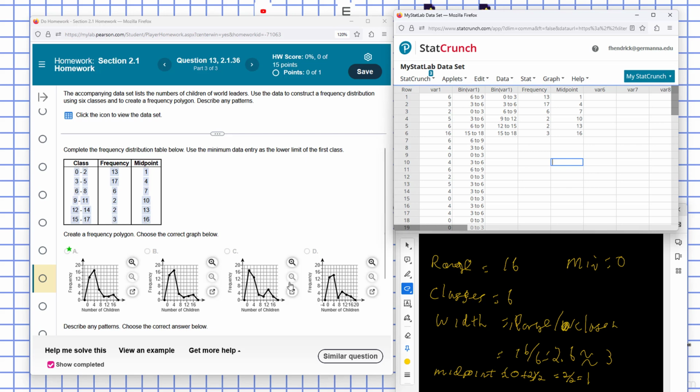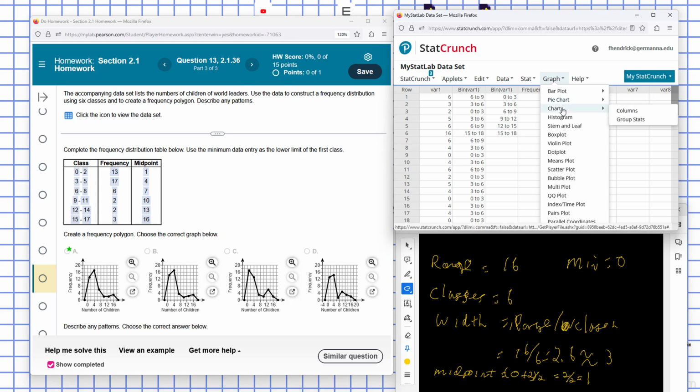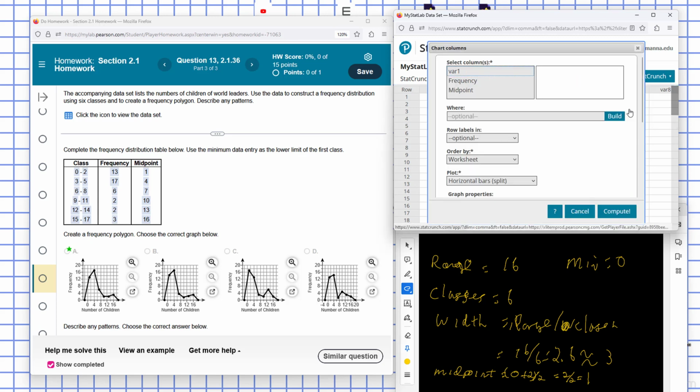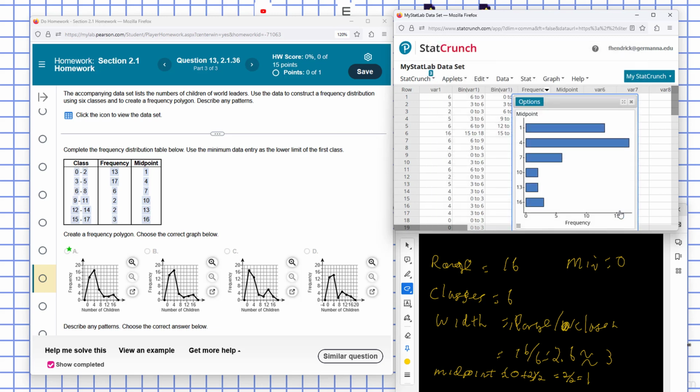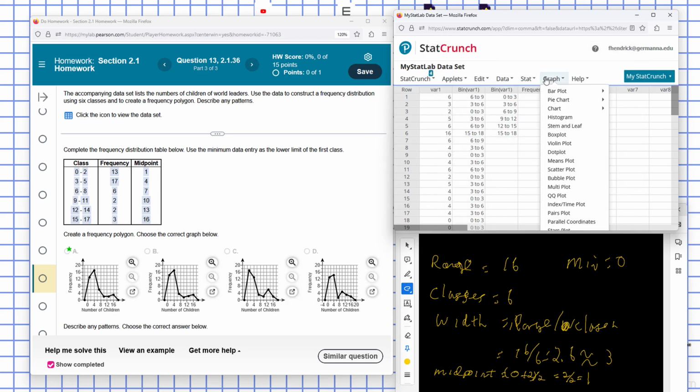And then they want to see a frequency polygon. So I go to chart, columns, and I see frequency there. And I'll be looking at it in terms of my midpoints. And then I hit compute. Oh, hold on, I did something wrong. Sorry about that. Let's see here.